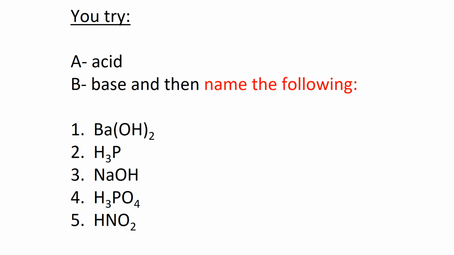What should the name of this be? So remember, base is just following ionic rules. So what is Ba? Barium. What is OH? Hydroxide. So it should be barium hydroxide. That one's not an acid, it's a base.